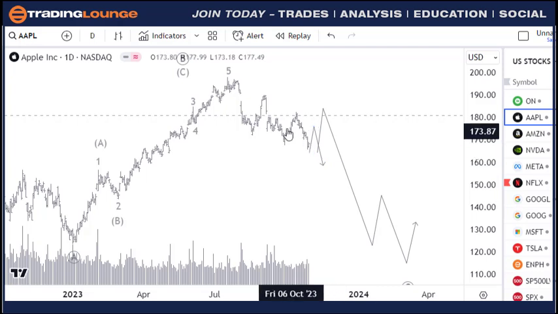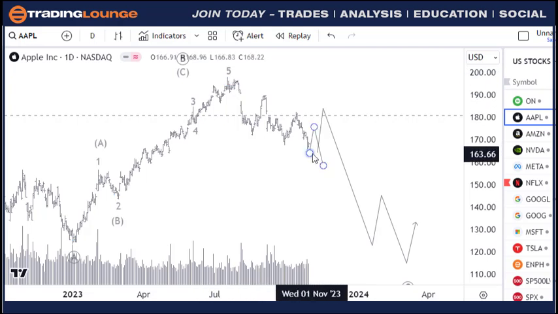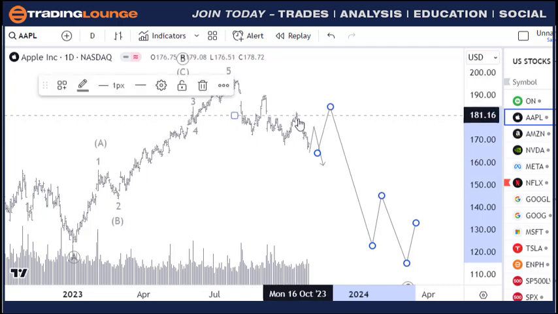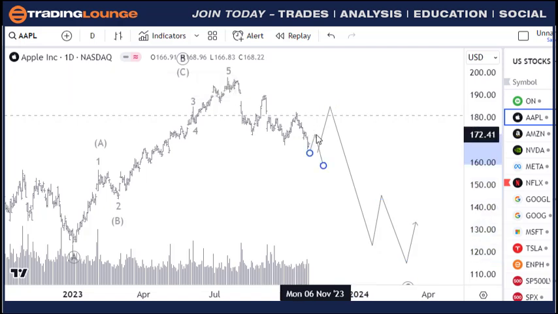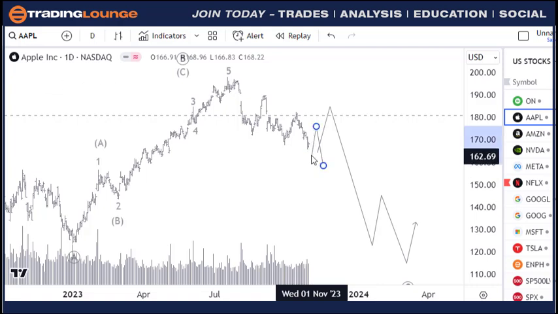And we know that in the majority of cases, we can count 5 waves down. So it's likely we're going to have some sort of ABC correction that's going to be a little bit higher. It's possible we could look at this as 1 and 2 on a smaller scale here, so I'll be aware of that as well. But I do think that it still needs to finish with a bit more downside to come first.